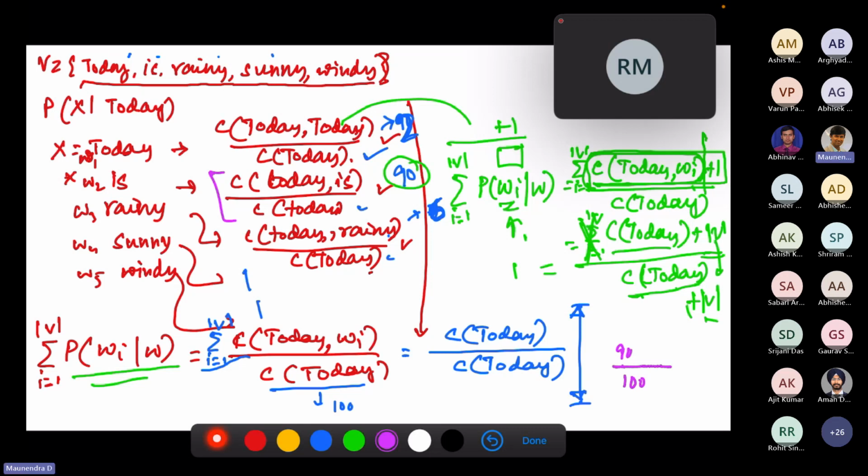Then you are making your numerator 91 and the denominator 1000 plus 100, so 91 by 1100. Originally the probability was 0.9 and now it becomes very small, 0.09 or 0.009. So we are dragging the probability very close to 0, reducing it significantly by this modification. How justified is it? That was the question.